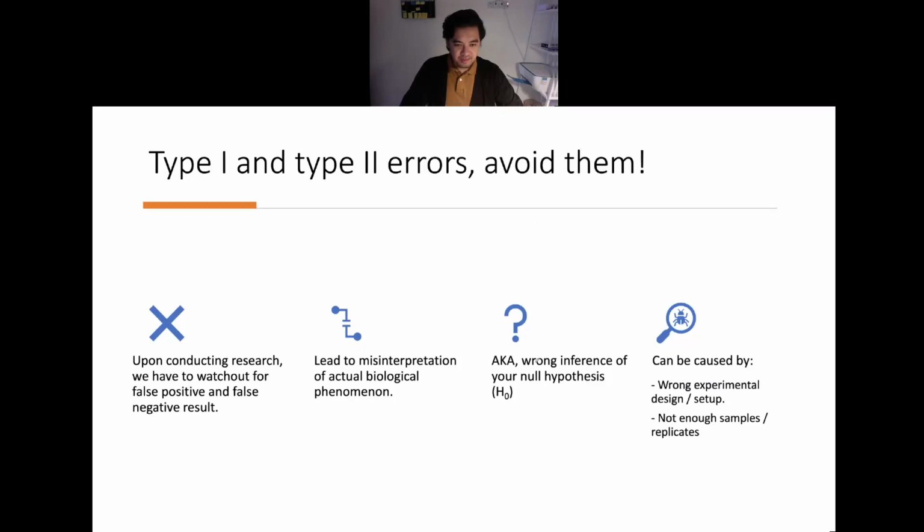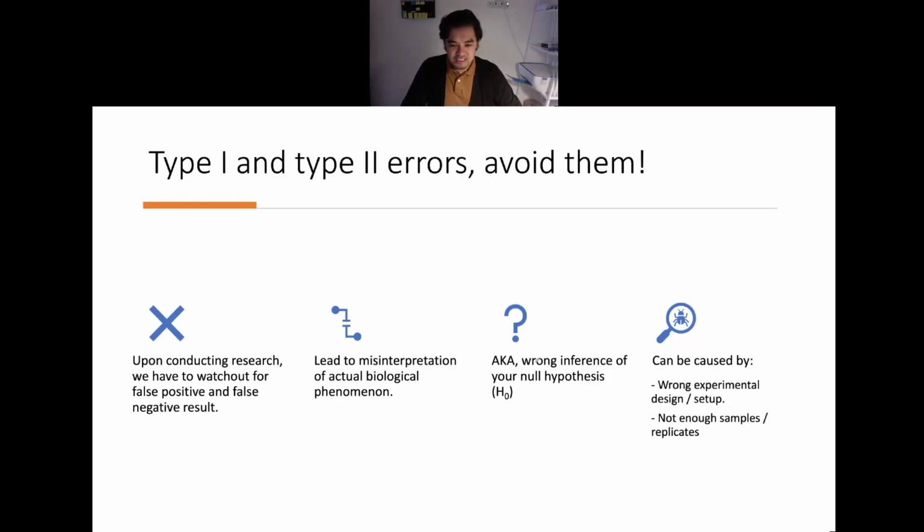False positives and false negatives lead to a misinterpretation of the actual biological phenomenon. Your finding somehow contradicts or does not agree with the actual biological finding. This is detrimental if someone else finds results that contradict your findings.